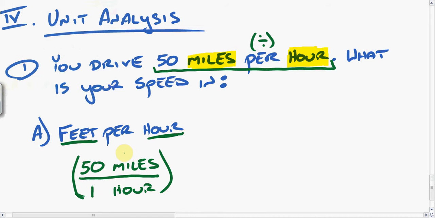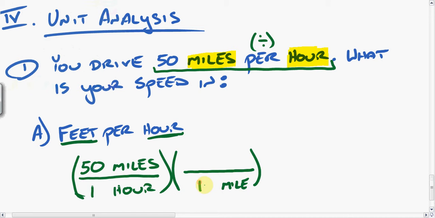This is where we have to dig in our brains and think, how many feet are in a mile? That is 5,280. Whenever you're trying to convert from one unit to the next, whatever you're trying to change, miles here, is in the numerator, I want to make sure miles is in the denominator, because they will cancel out.